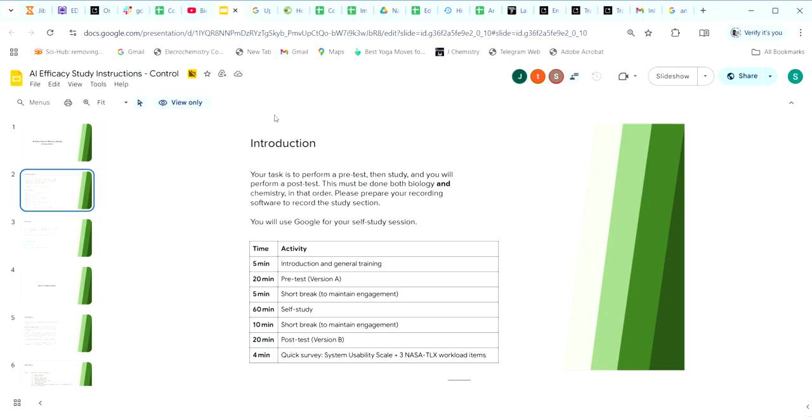Okay, so let's start with the pre-test version A in the biology subject. First I have set the Google timer.